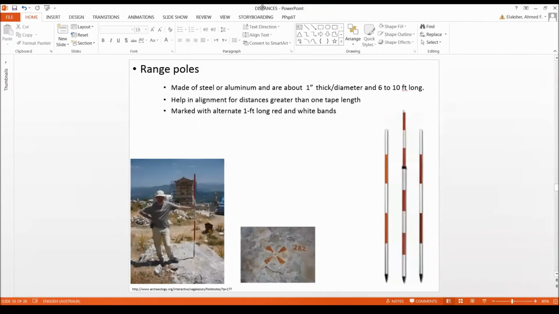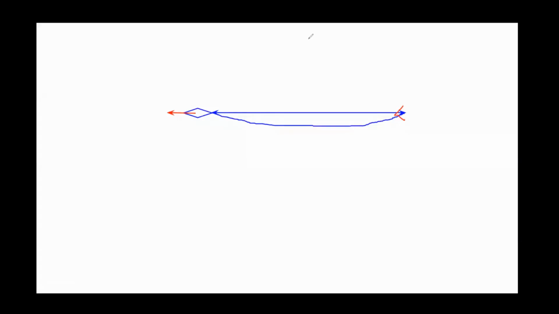Range poles. Let me describe the purpose of range poles. Let's assume here is point A, here is point B. I'm going to show a side view that looks like this, and then the top view.